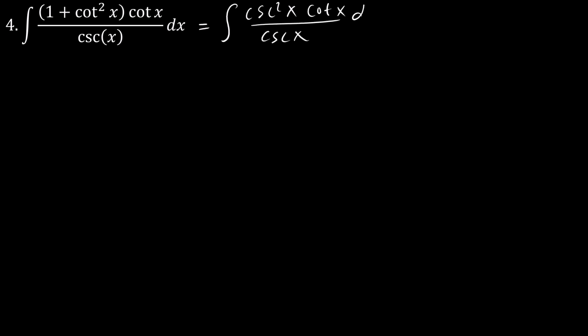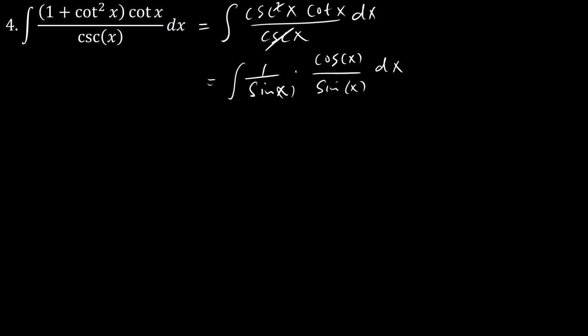And so the square goes away, so we essentially have 1 over cosecant of x, which is the same as 1 over sine of x, times cotangent, which is the same as cosine of x over sine of x. So then we have cosine of x over sine squared of x.